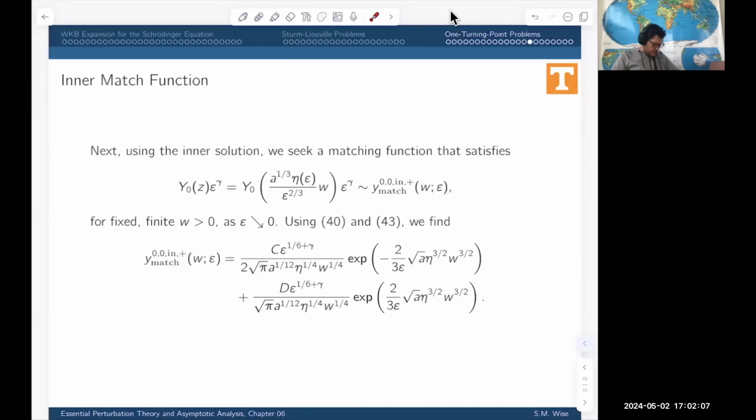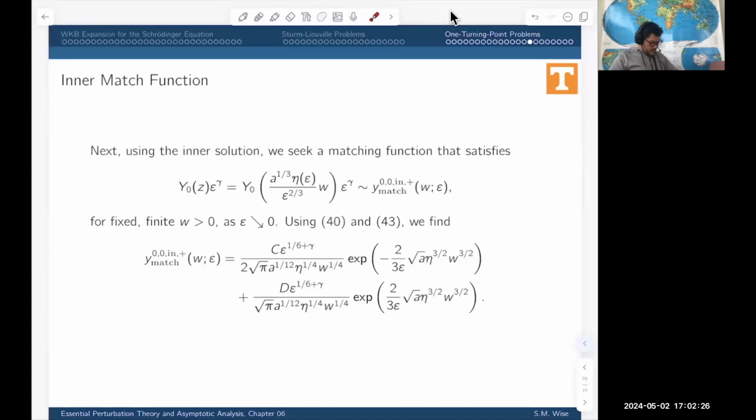Okay, y0 epsilon to the gamma power, because remember that leading order term started with epsilon to the gamma. I don't know what gamma should be. And for that matter, I don't know what R should be, but R is not going to be important for our matching because we're only doing leading order.